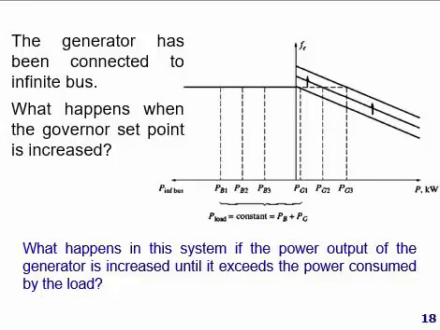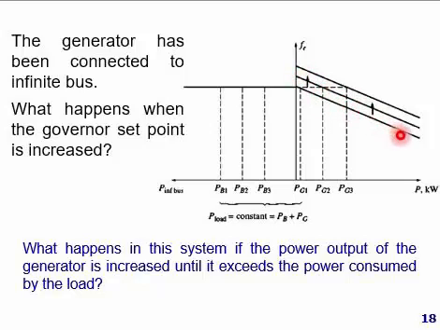What happens when the governor set point is increased? The effect of this increase is to shift the no-load frequency of the generator upwards. But since the frequency of the system is unchanged, the power supplied by the generator increases.